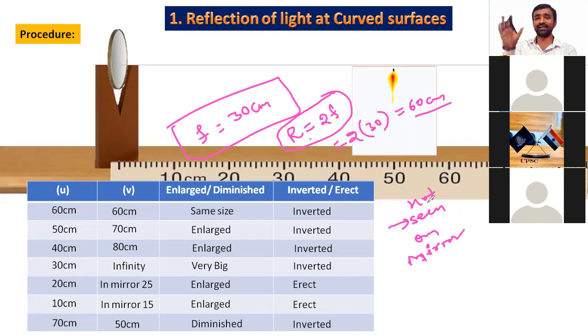Because in the mirror, infinity distance is impossible, right? Any distance, if the image is formed virtually, it can show you. If it is not showing, the image type is real. But can you find the infinity distance in front of the mirror? Is it possible? No. Impossible. So we will give that infinity distance, real inverted, because no image is virtually formed on the mirror.